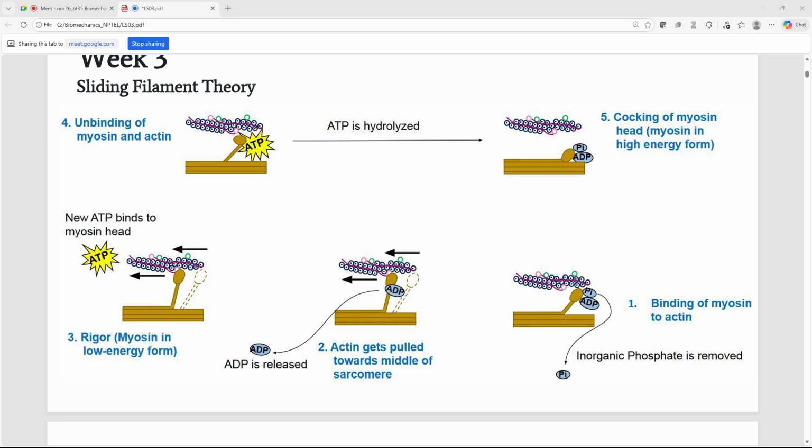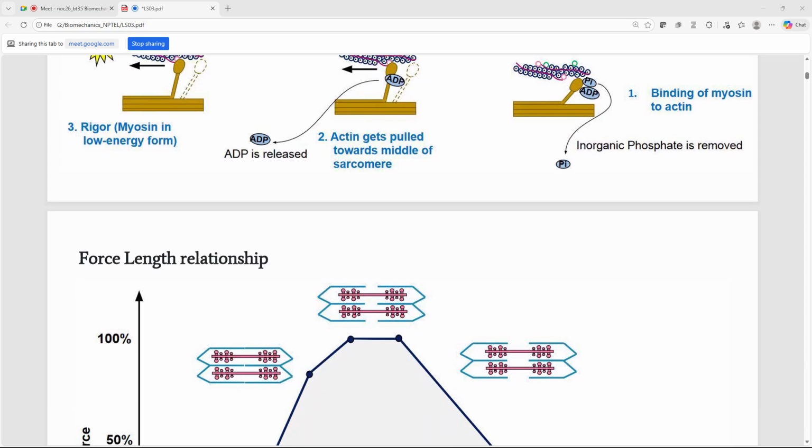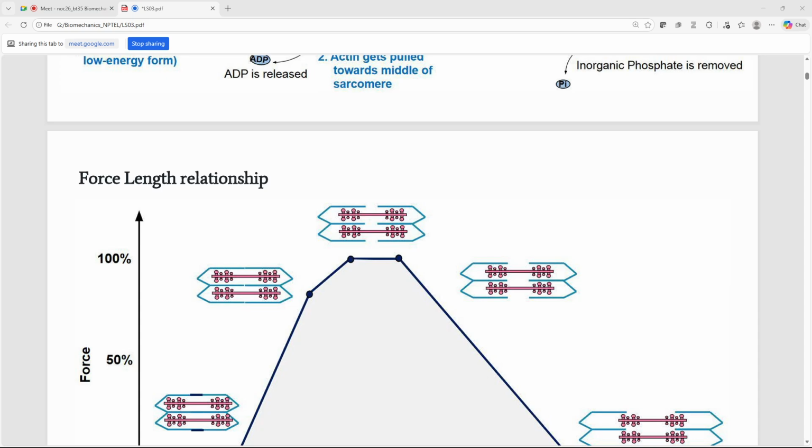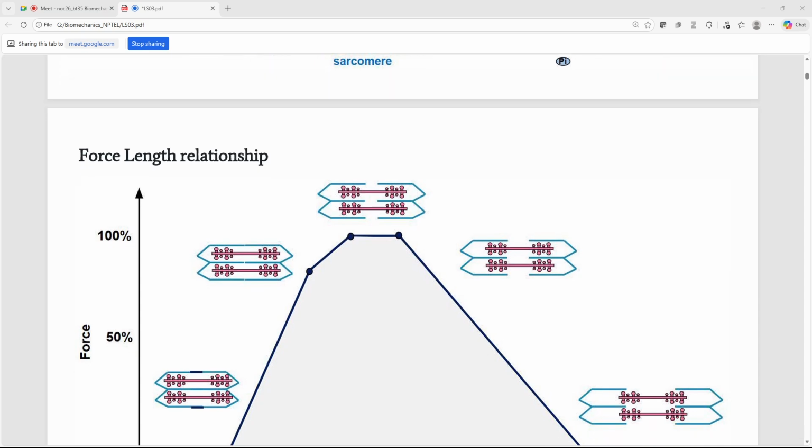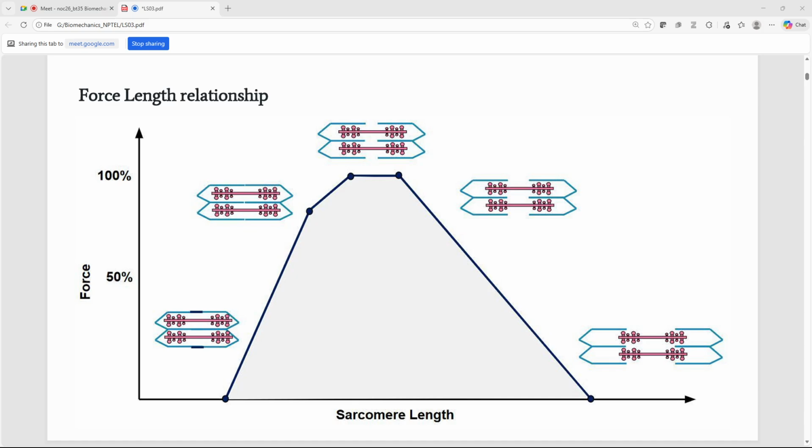Muscle contraction occurs when the thin filaments, these blue lines, called actin, slide over the thick filaments, the red filaments, myosin. When the blue actin filaments slide over these thick myosin filaments, the length of the muscle fiber reduces, or shortening of the muscle fiber happens.